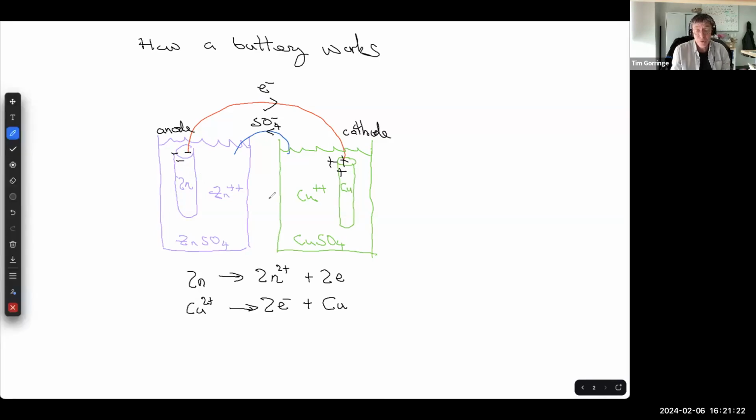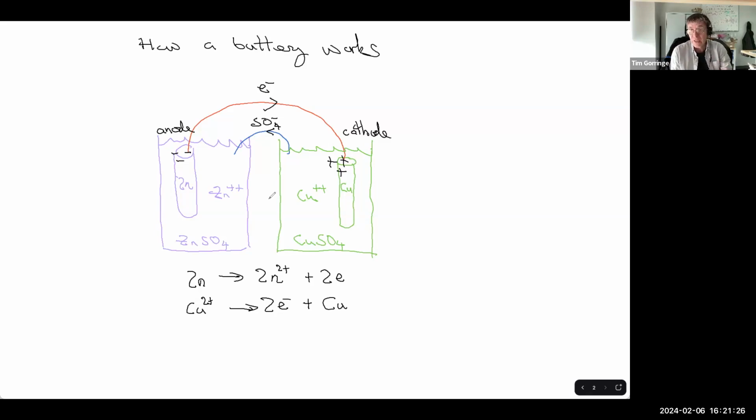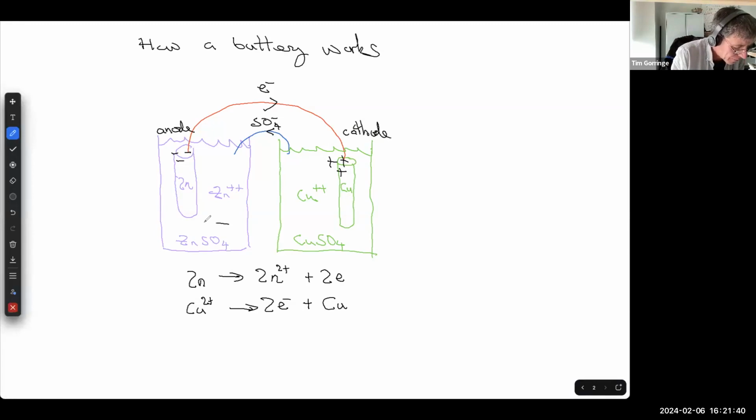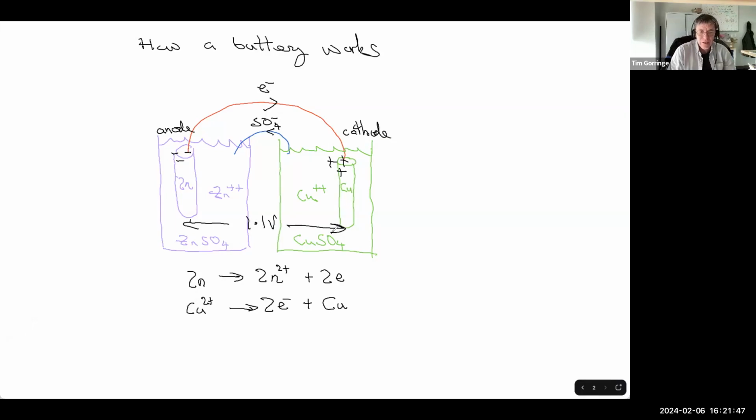And that electrical potential, its value is determined by the amount of energy that is released or needed when electrons are removed from zinc or copper, or added to zinc and copper. And actually, it's 1.1 volts of electrical potential that arises between the 2 electrodes based on the energetics of these 2 reactions that are going on.